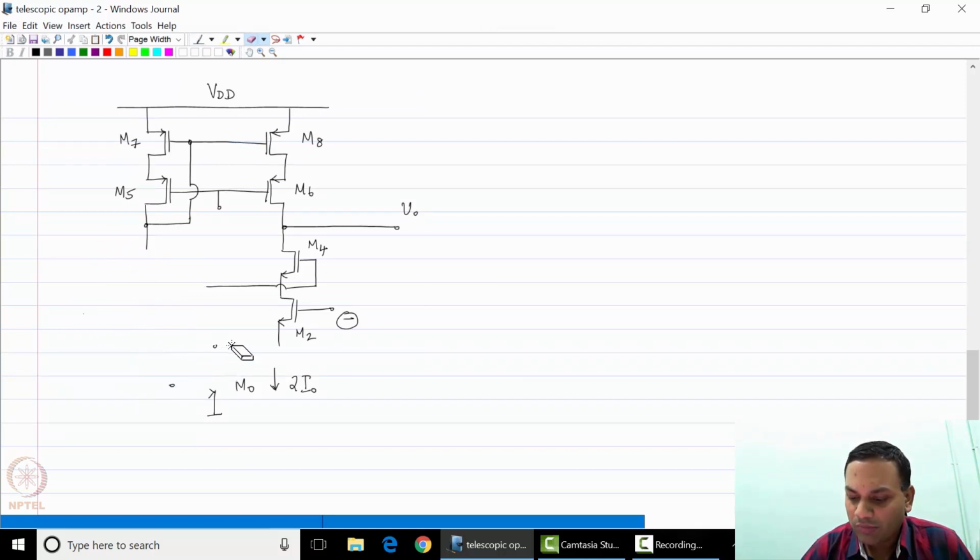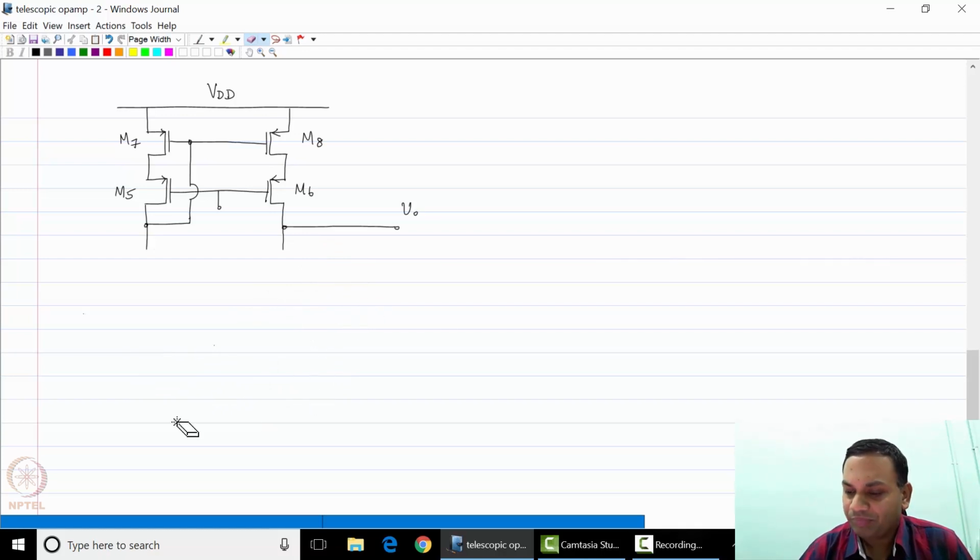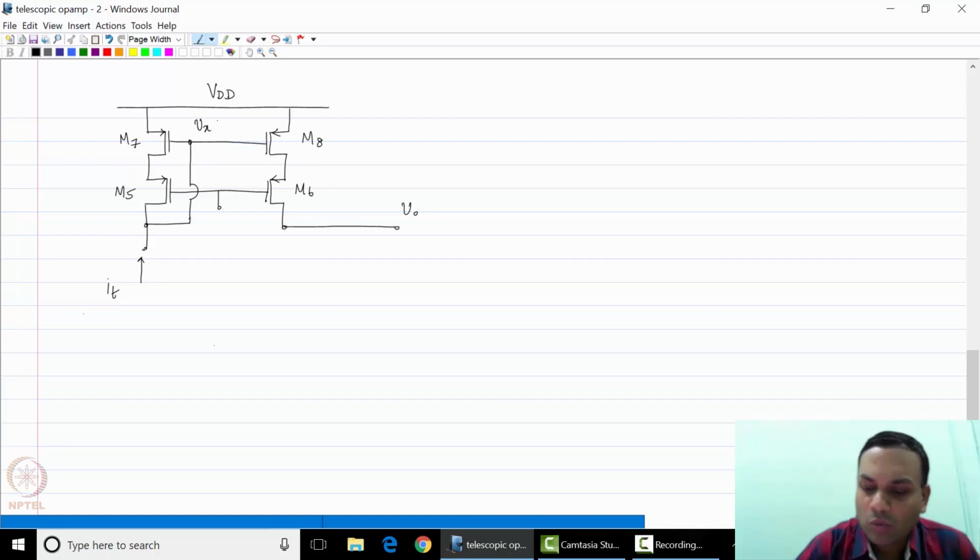We want to find out what will happen if you apply a current I test going into this particular current mirror, because we want to find out what Vx is generated at this node. So if I excite this current mirror with I test, I want to find out what the input impedance of this particular structure is.